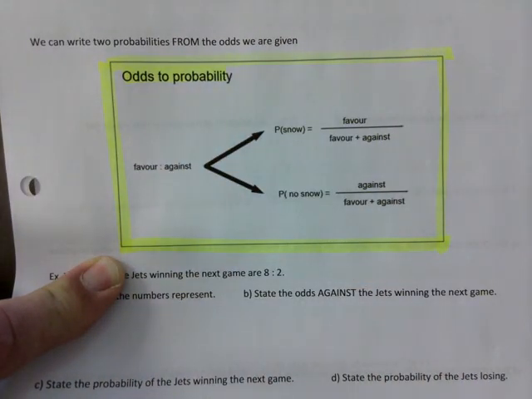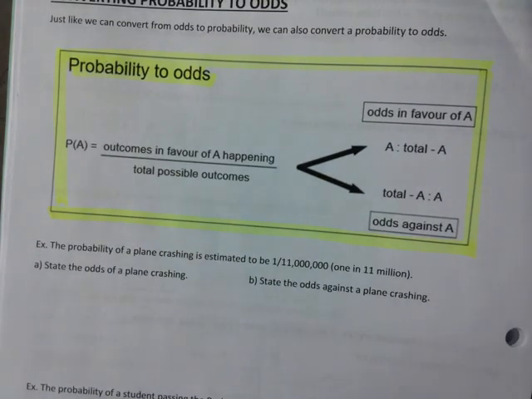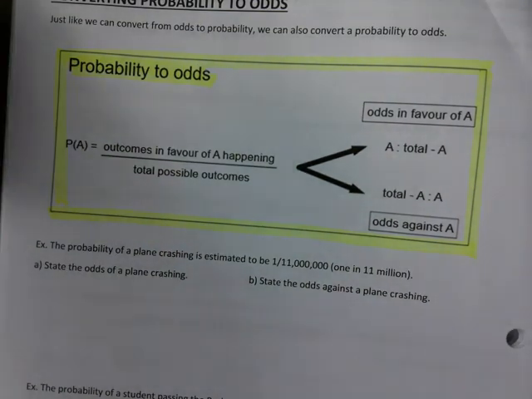You've got to be comfortable going from one to the other, because sometimes one is more beneficial than the other. And sometimes, plain and simple, they just ask you to rewrite it. Okay, so let's go back to 21 now.